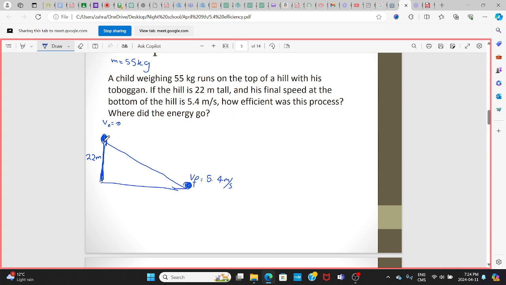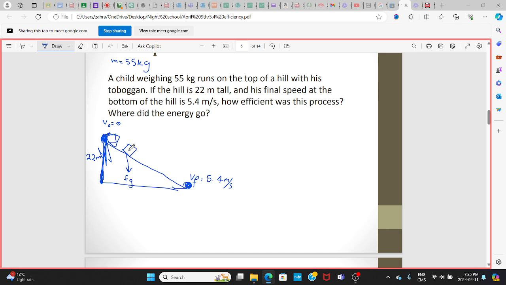Now the useful work: when this object is sliding down, gravity does the work, right? This is the force, F of g, downward.